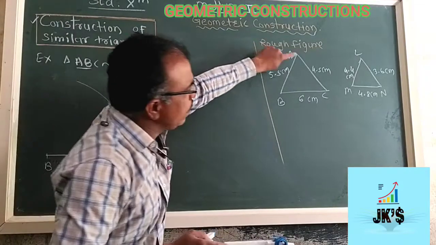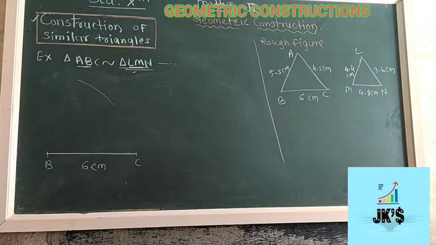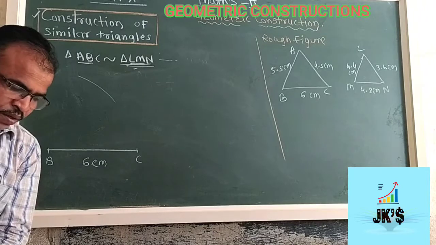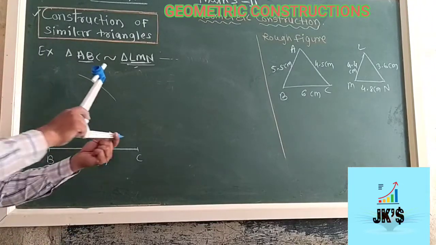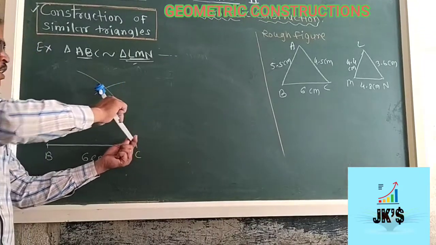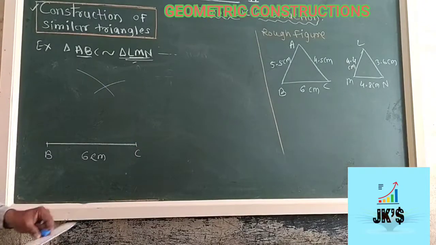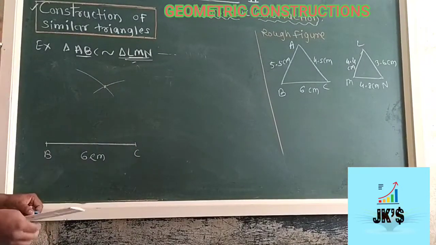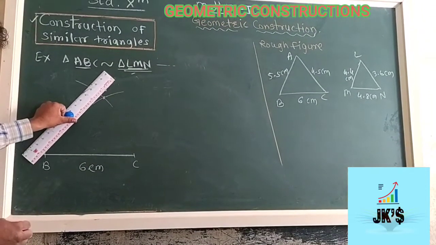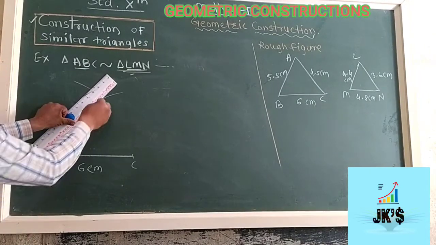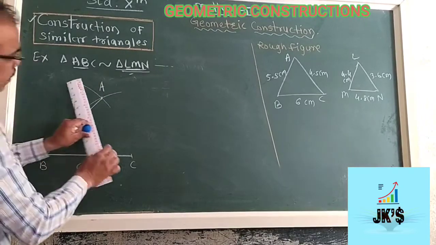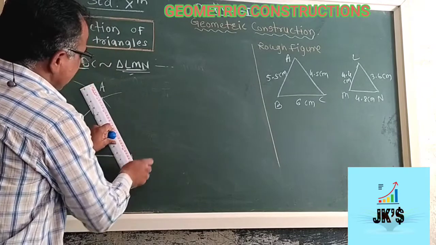Now, the distance of A from C is 4.5. We take the distance 4.5 and make an arc like this. In this way, these two arcs intersect each other at this point, and this point is nothing but the point A. Now, join BA and AC with the help of a scale.